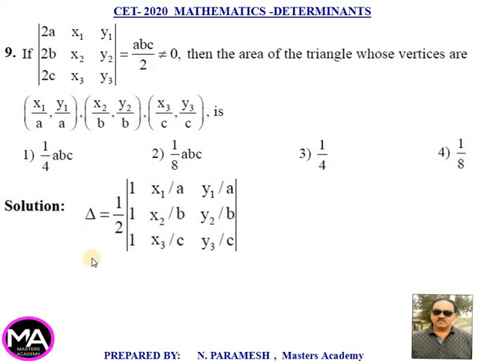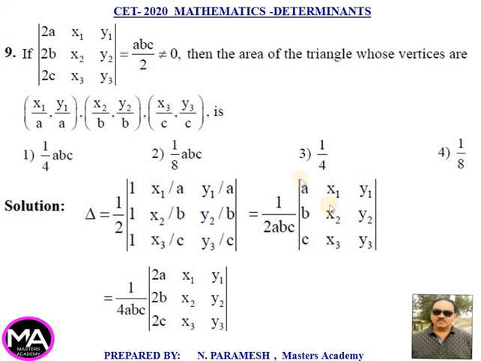Solution. Area of triangle is equal to 1 by 2, first row 1, x1 by a, y1 by a, second row 1, x2 by b, y2 by b, third row 1, x3 by c, y3 by c. Multiplying and dividing by abc, 1 by 2abc, determinant first row a, x1, y1, second row b, x2, y2, third row c, x3, y3.